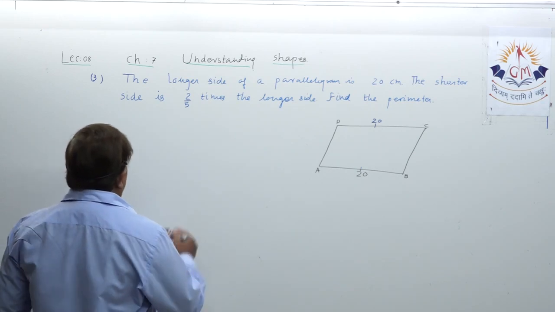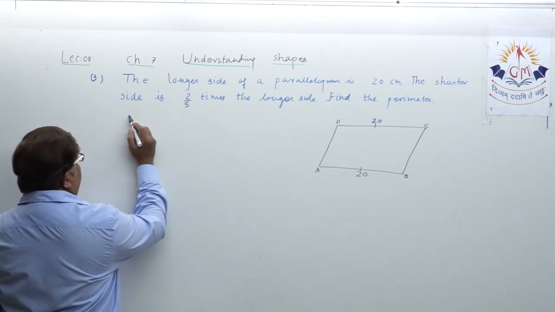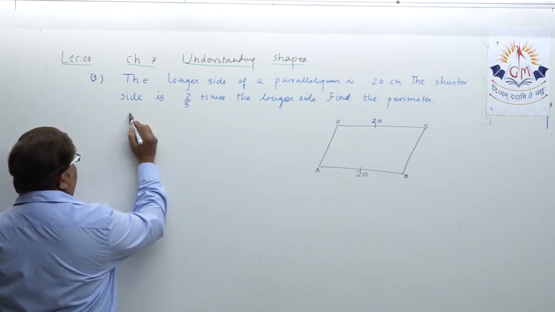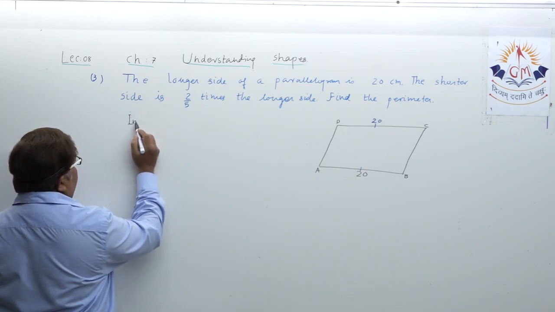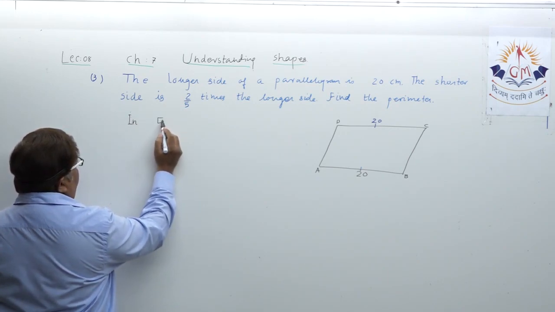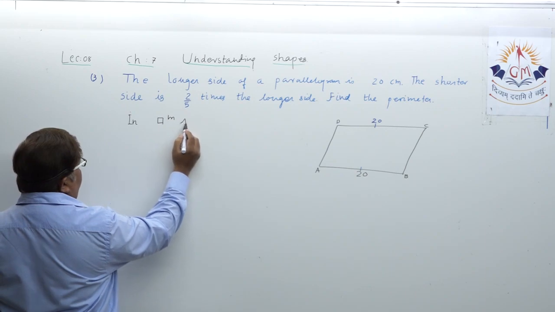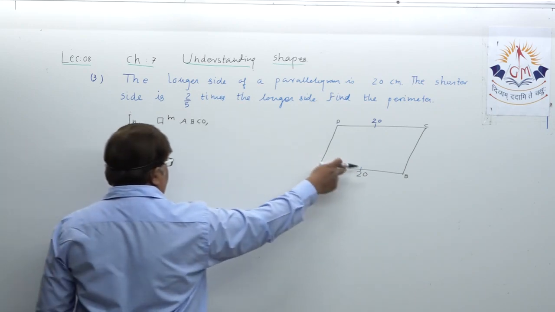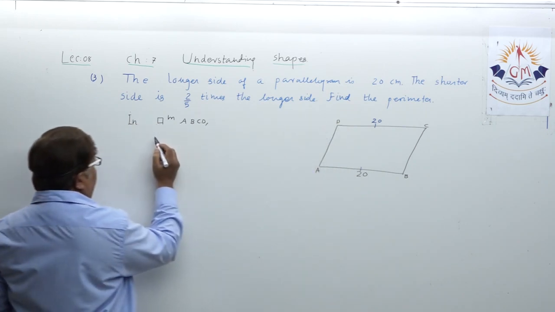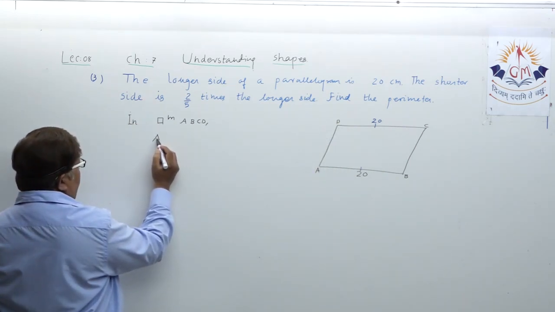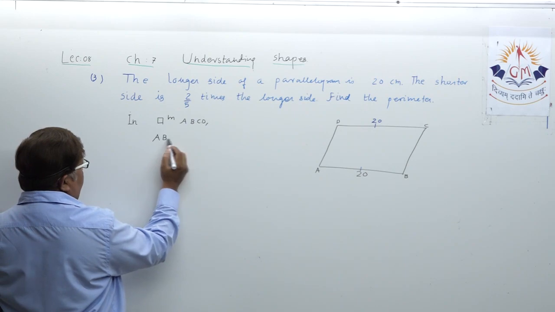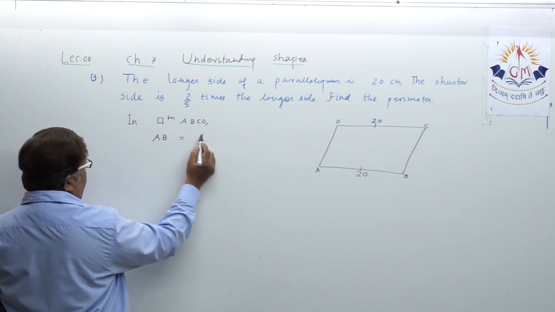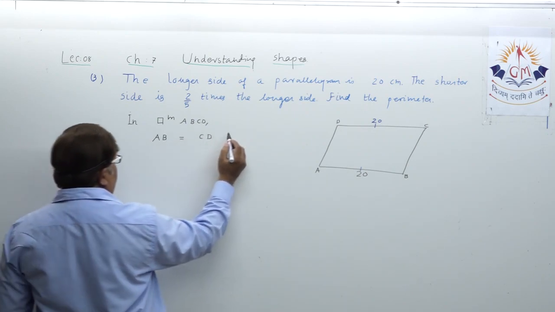So, let us continue the sum this way in parallelogram ABCD. First, dear student, you mention this. Please mention AB equal to CD.